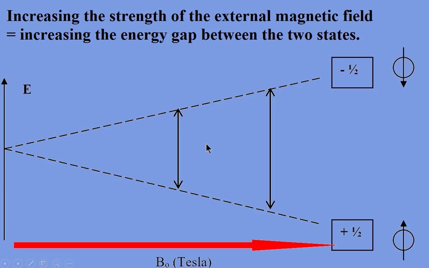So we're going to be thinking about the energy that it takes to flip each nuclei from being aligned with the external field to being aligned against the external magnetic field. That can change depending on how strong the external magnetic field is. If we increase the strength of the external magnetic field, we increase the energy gap between the two states.